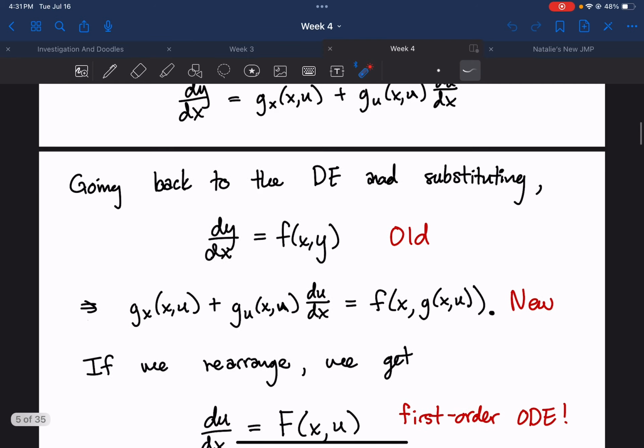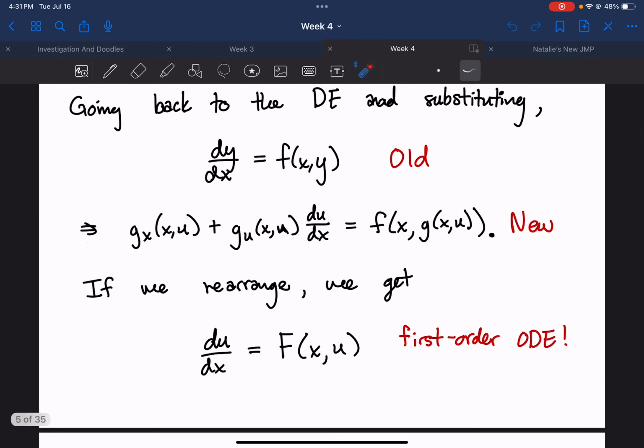If we do a little rearranging, basically we're going to solve for du dx. You move this term across the equal sign, and then you divide both sides by g sub u of x and u. And that gives you du dx by itself on the left, and on the right hand side is some complicated expression, which you could write out.